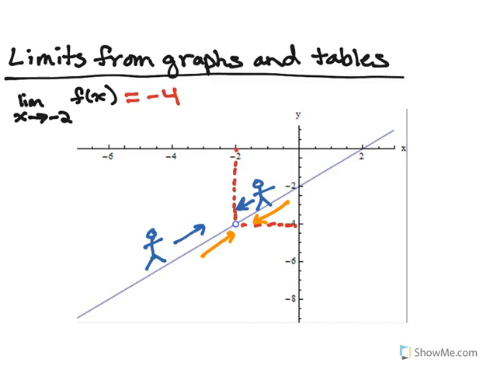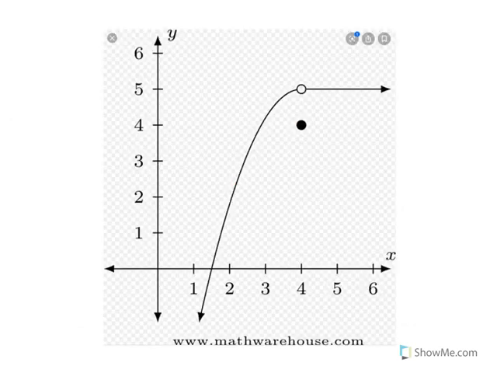Does it make sense? Okay, let's look at another one. So I've got the same situation here, and if I want to look at the limit as x approaches 4 of this function, that's where the interesting thing is happening.